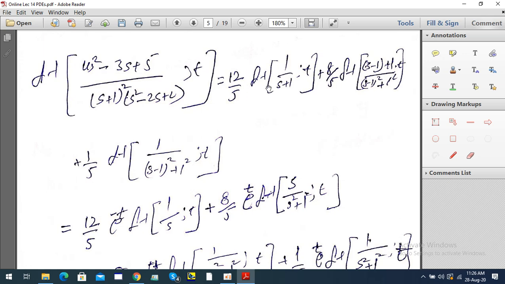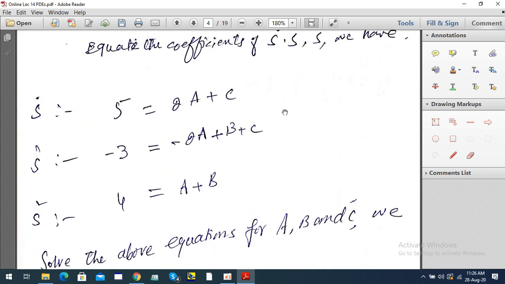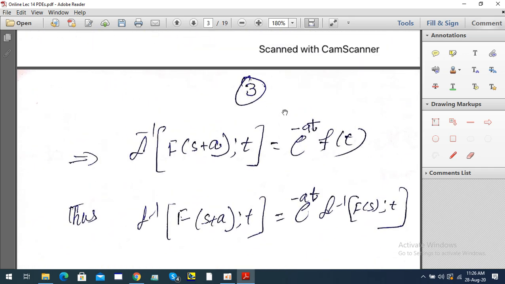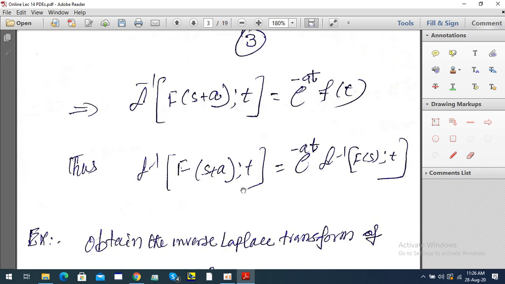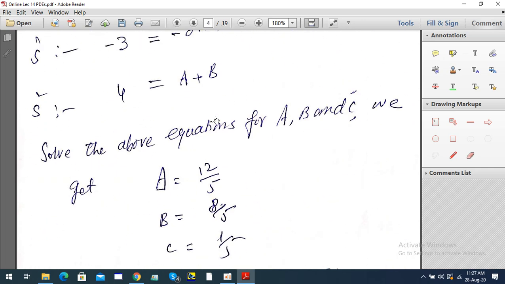So by using the shifting property, if you look at this theorem, that's why we mentioned the theorem first: the Laplace inverse of f of s plus a is equal to e power minus at, and the Laplace inverse of f of s, this a will be removed, we will take it out by using this theorem, e power minus at, and then the Laplace inverse of f of s only. So we will use this theorem here also.